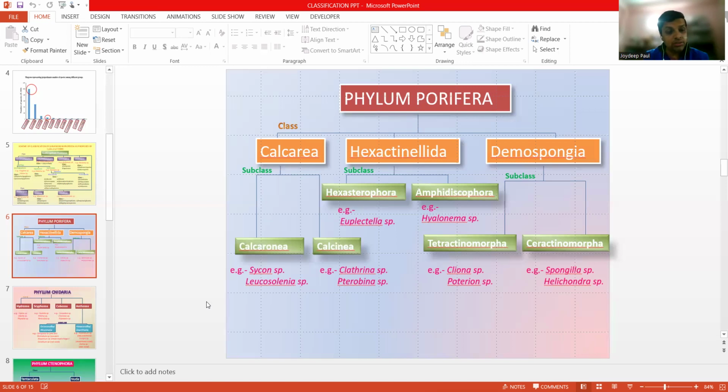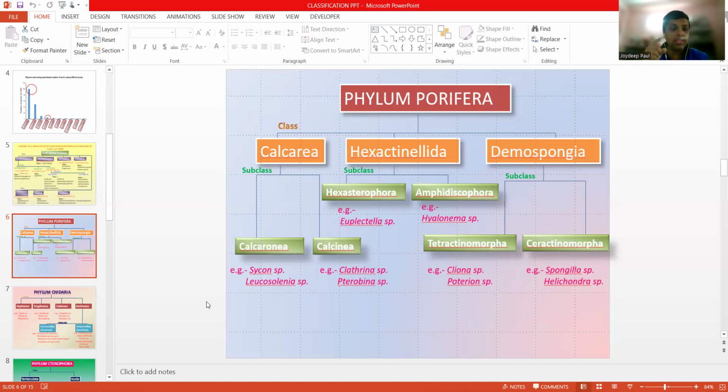Body covering: the surface of the body has numerous perforations called ostia, which are required for the entry of water, and a large pore at the apex called the osculum, which is for the exit of water.